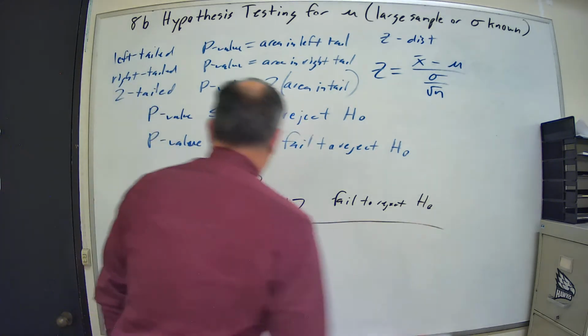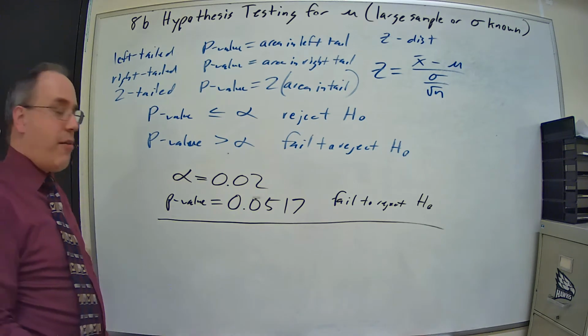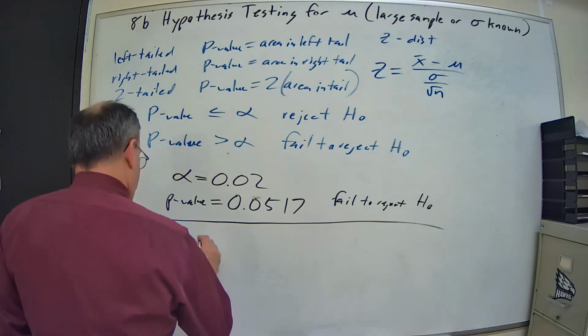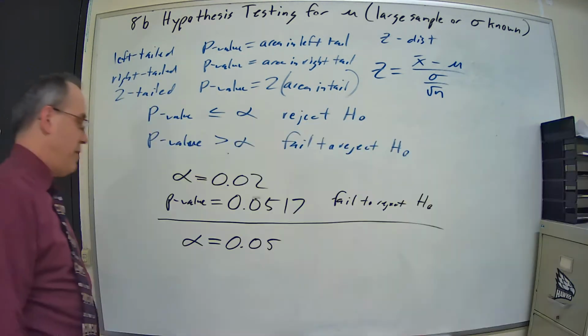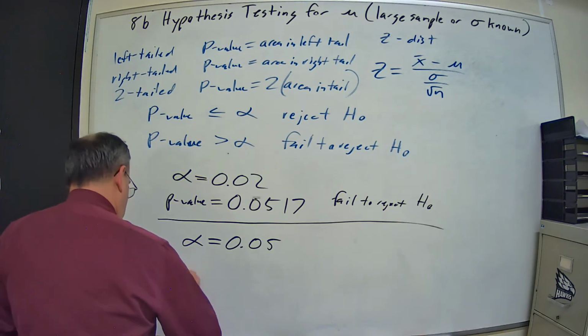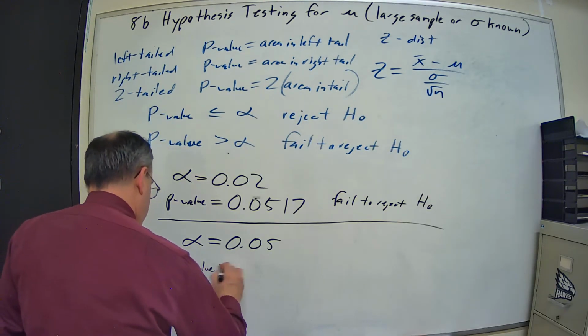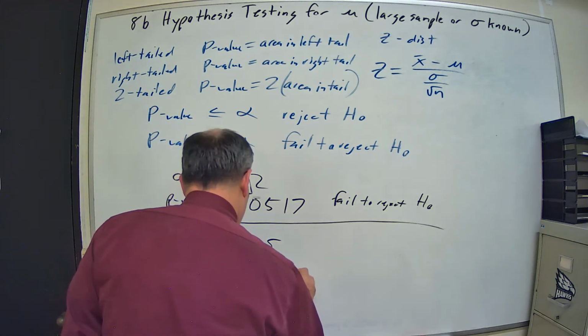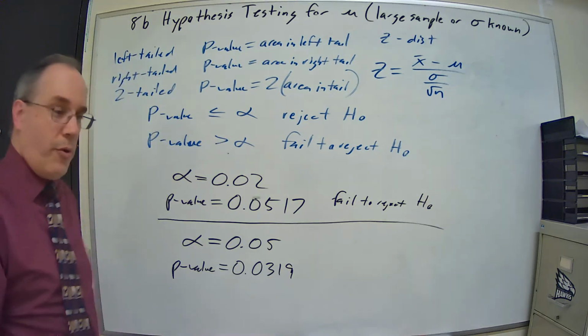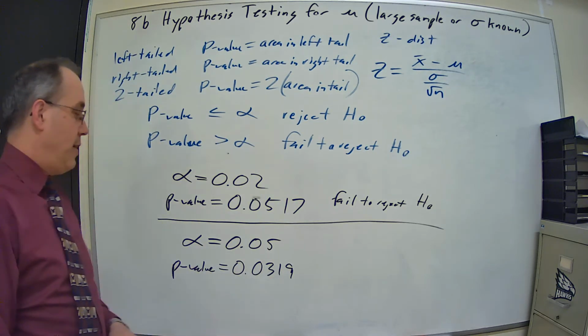Another example, let's say we have a significance level of 0.05, and we come out with a p-value of 0.0319.